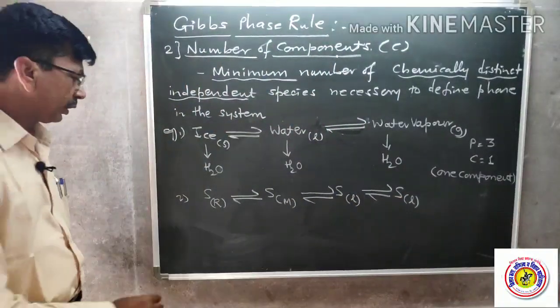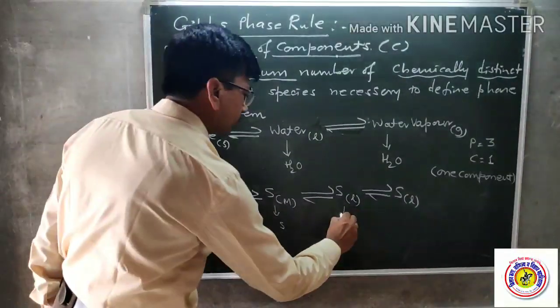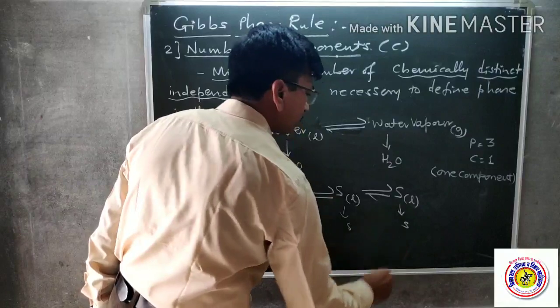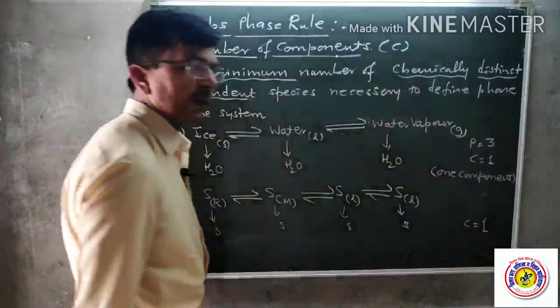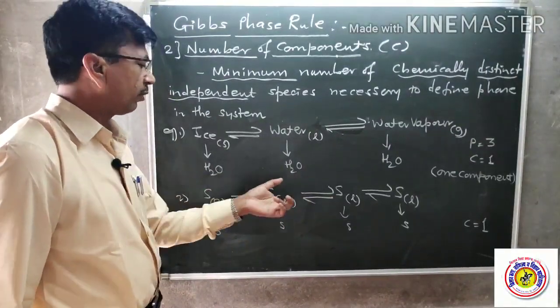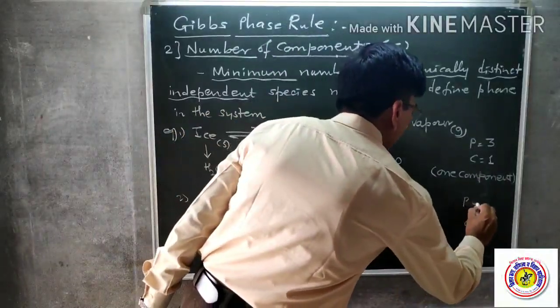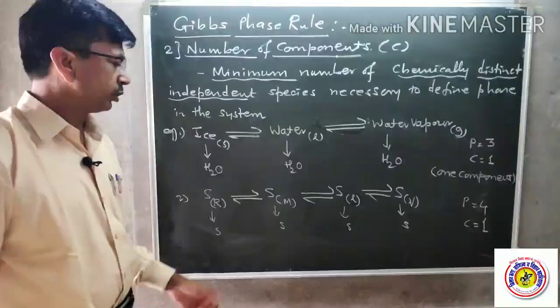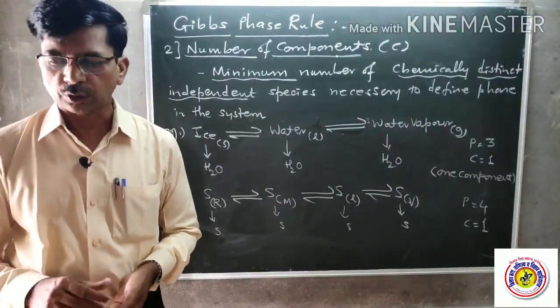In this case, the chemical composition of this system is also sulfur. So the component is only one, that is sulfur. It only exists in different phases: rhombic form, monoclinic, liquid and vapor form. So there are 4 phases in a single component. So this is the example of a one component system.